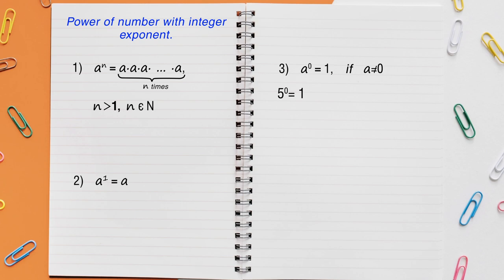Now let's expand our understanding of powers to powers with negative integer exponents. If n is a random natural number and a is a real number other than 0, then a to the power of negative n is equal to 1 divided by a to the power of n.